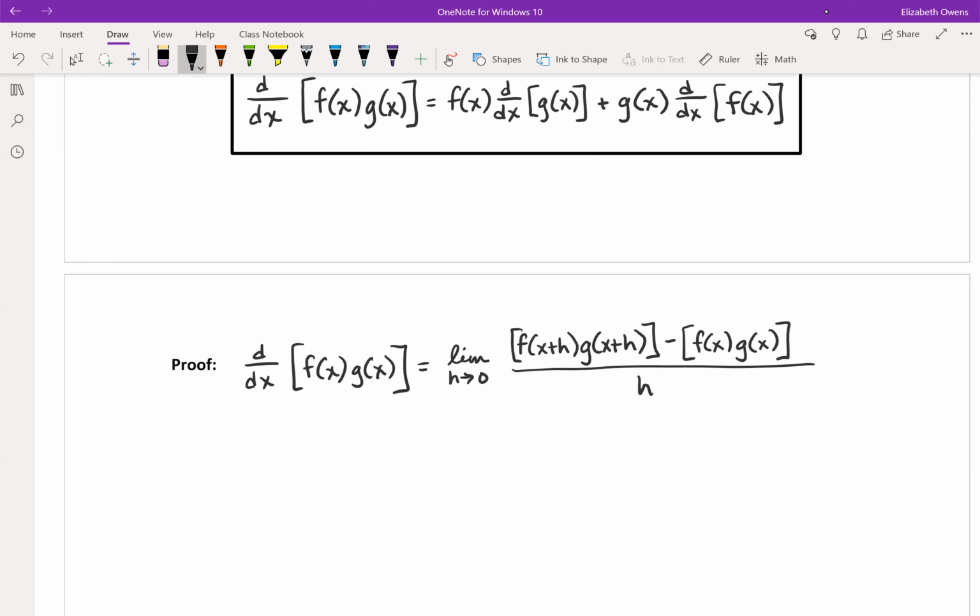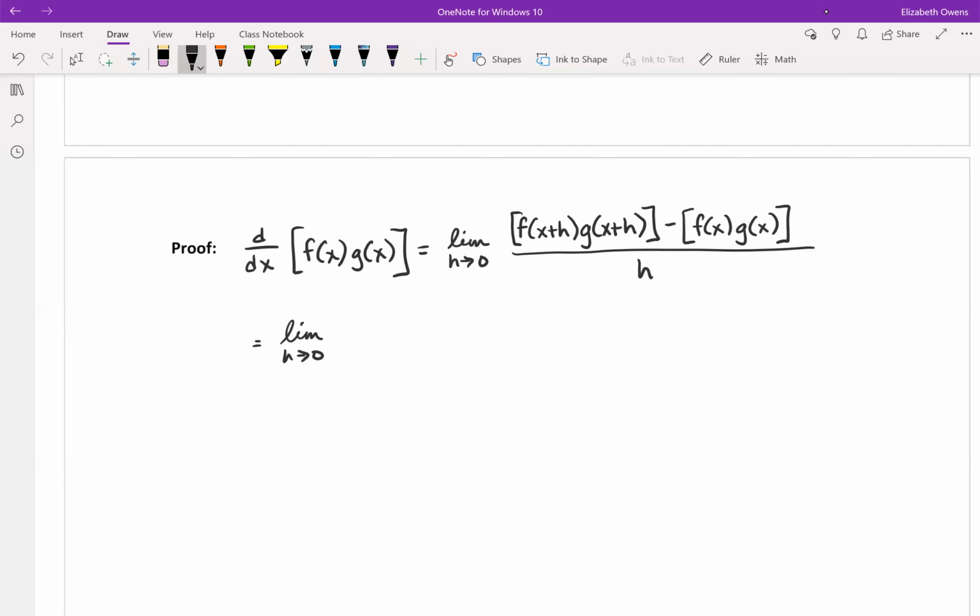we're going to keep that limit as h approaches 0, but we are going to incorporate a very sneaky trick here. Okay, so we've still got our f of x plus h, g of x plus h. But here's the sneaky trick.